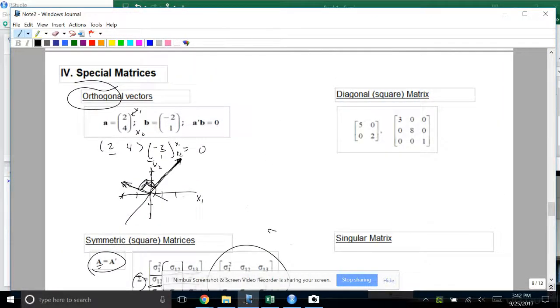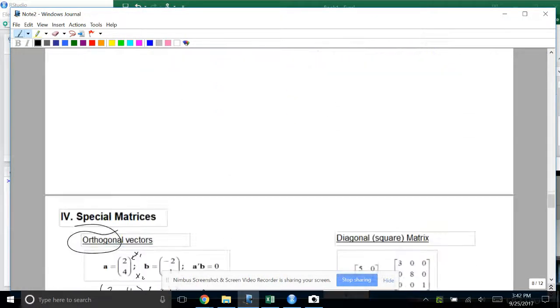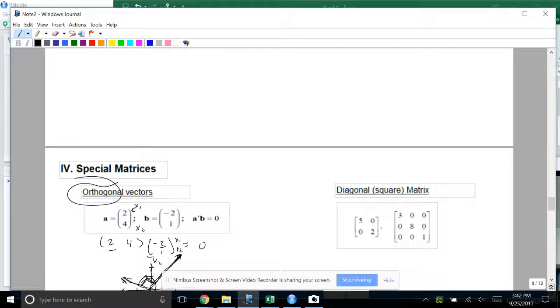Okay, that's it. One thing we should talk about when we're talking about transposes: let's say A times B, where A is a 3 by 2, and B is a 2 by 4. So what we end up with is a C, which is going to be a 3 by 4 matrix.